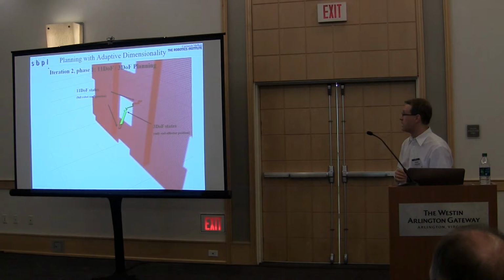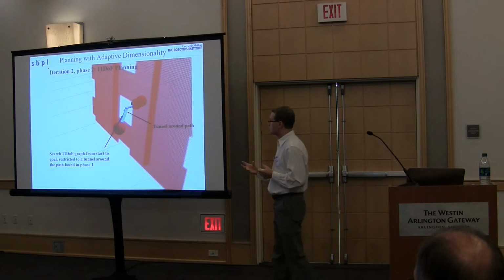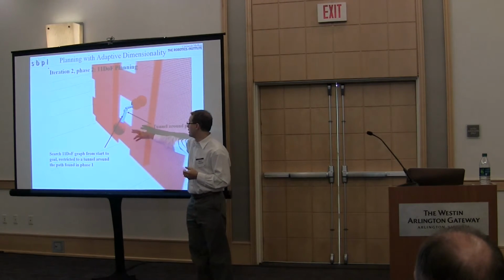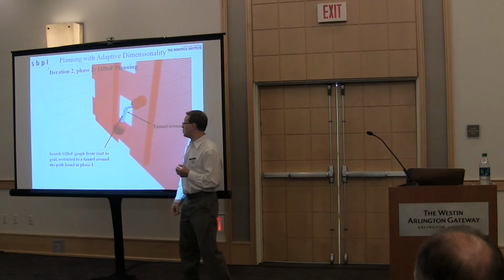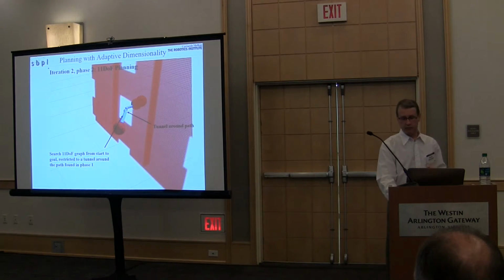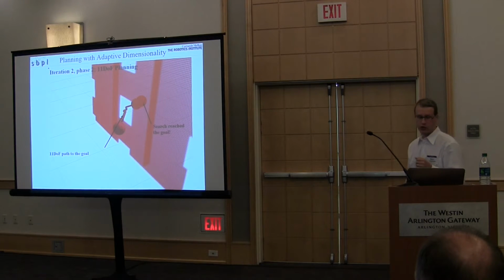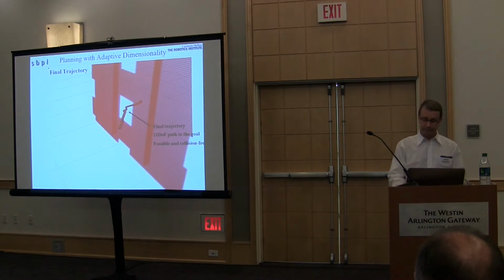You construct another tunnel around the path that you found, and that path is now 3-dimensional everywhere except for those 3 holes where it is an 11-dimensional segment of a path. You continue in that fashion, and you find a solution which is a full 11-dimensional trajectory.